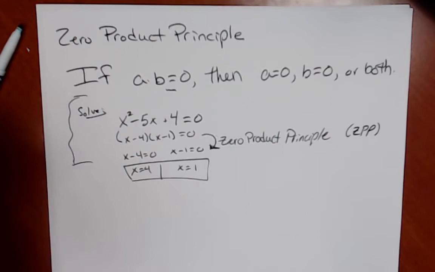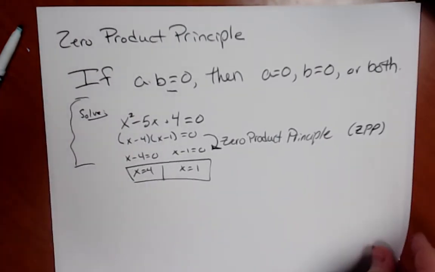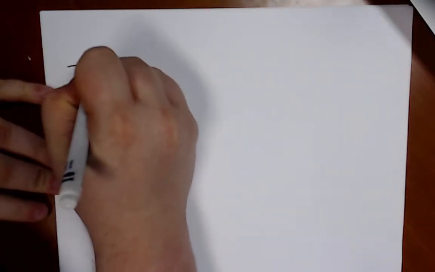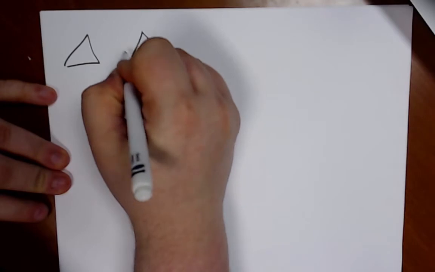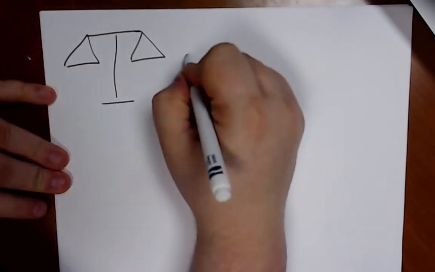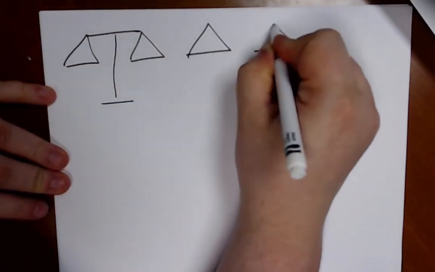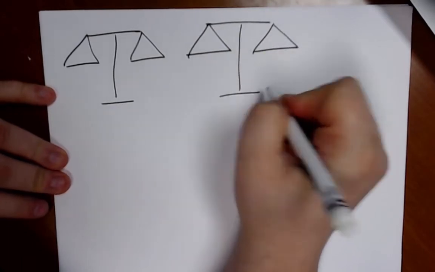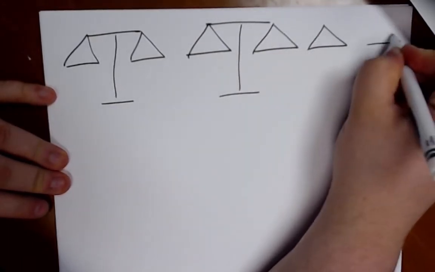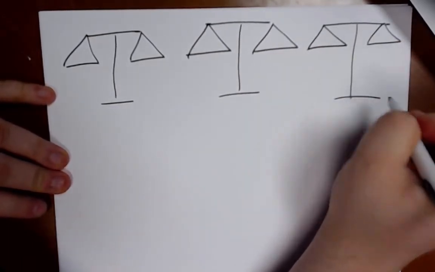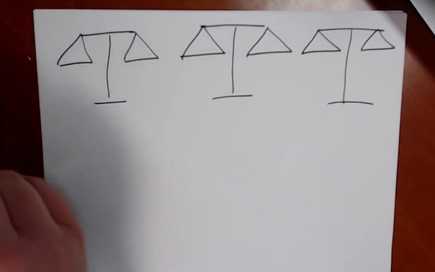All right. Now let's do some examples. So I front-loaded a lot of these ideas about properties of equality, but what do we actually do with them? So I'm going to give you a set of 3 pan balances. So let me draw my pan balances. Those all look pretty even.